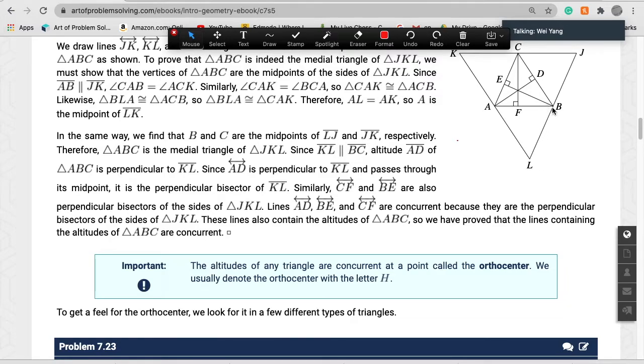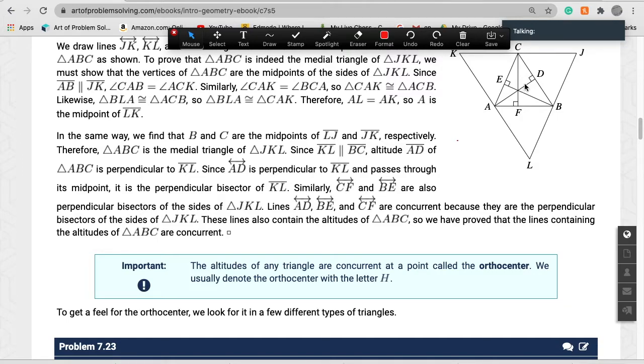In the same way, we prove BE is also the bisector of LJ, and CF is also the bisector of KJ. In the first section of this chapter, we proved the side bisectors of a triangle are concurrent. That means the three bisector lines intersect at a common point.